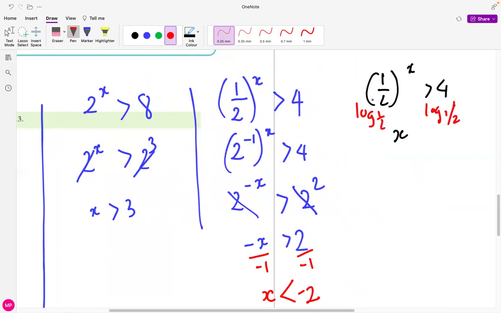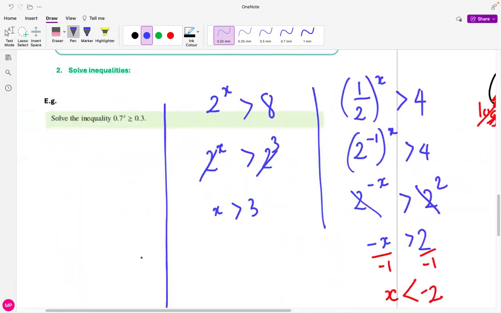So the log base a half will go away. And you can see the answer changes to the opposite side. So you would have x less than log base a half of 4. And if you think about what log base a half of 4 is, it's basically negative 2, because a half to the power of negative 2 gives you 4. So x less than negative 2.